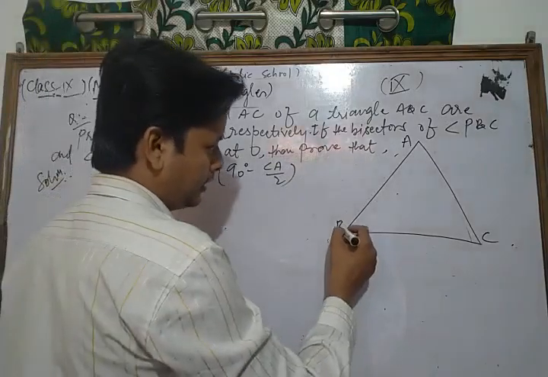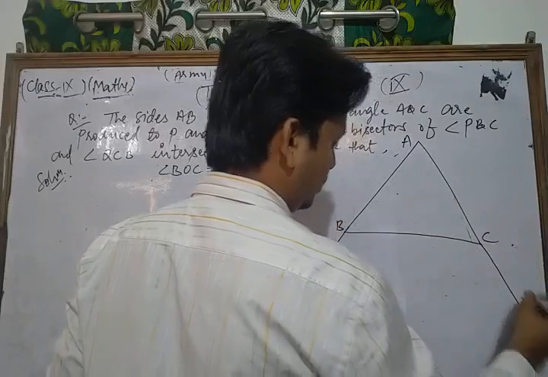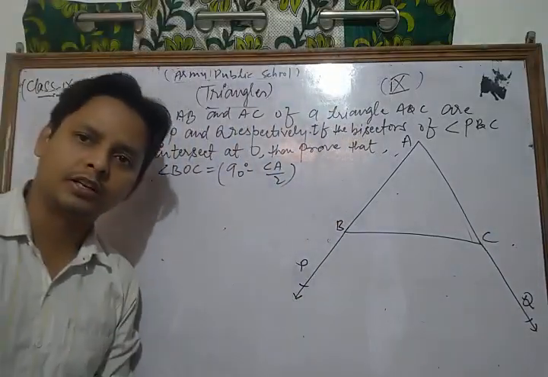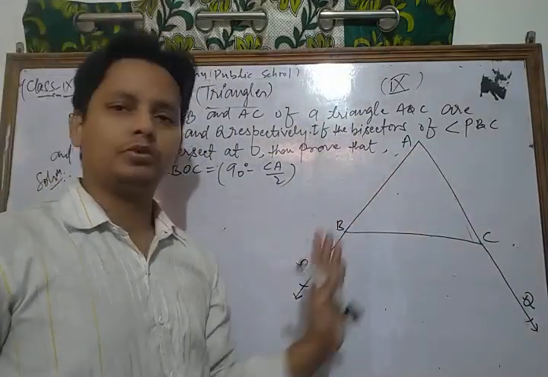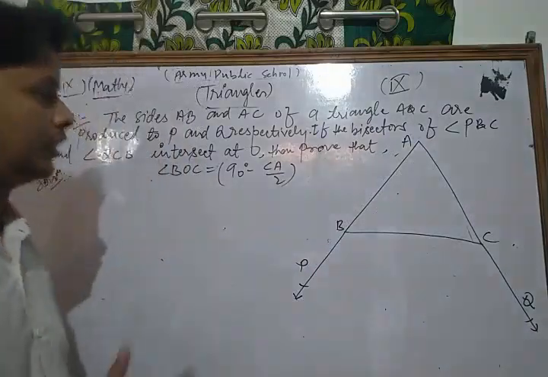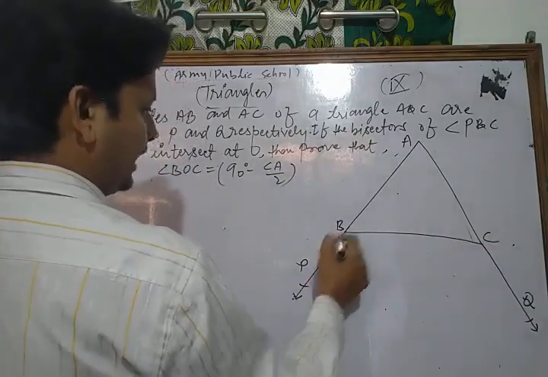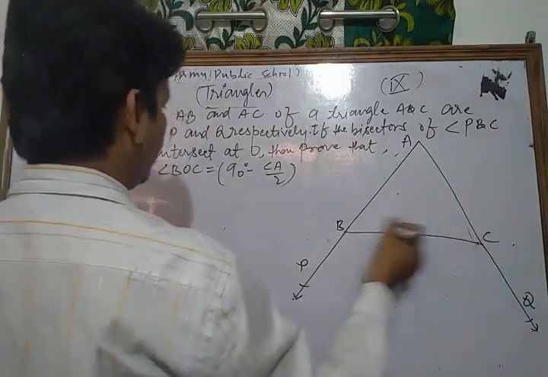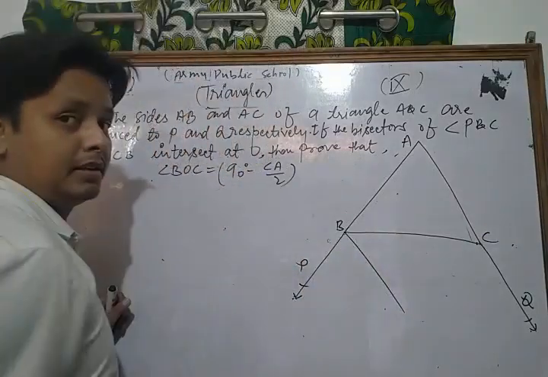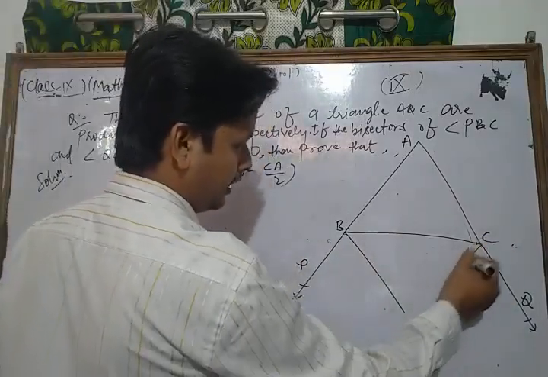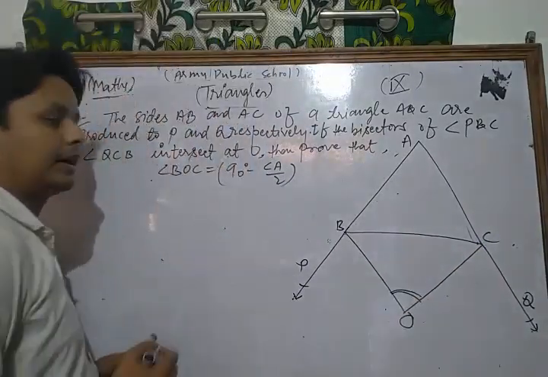Suppose AB is produced to P and AC is produced to Q. This is the figure according to the question. Now if the bisectors of angle PBC and angle QCB intersect at O, then we have to show that angle BOC is equal to 90 degrees minus angle A by 2.